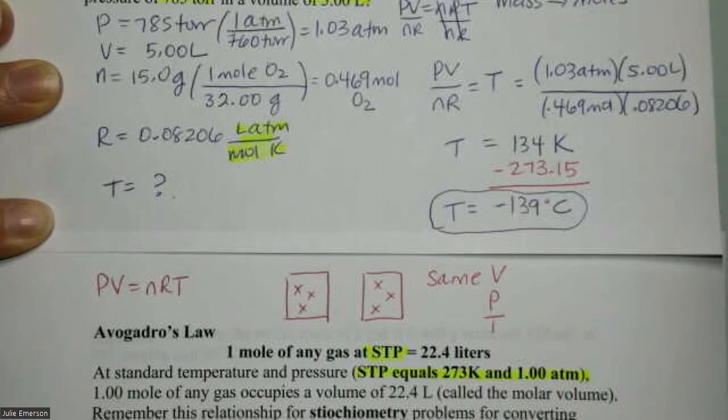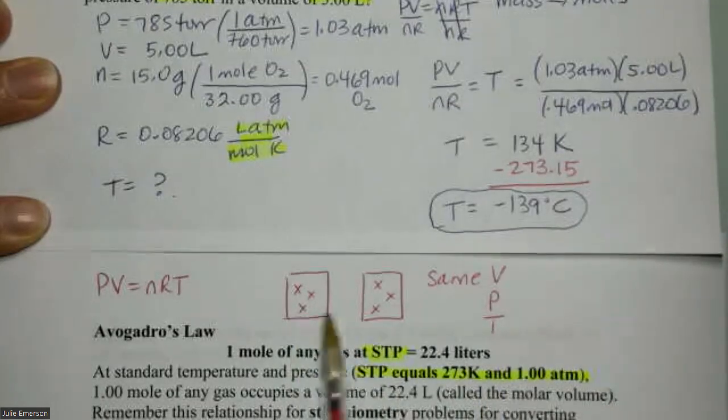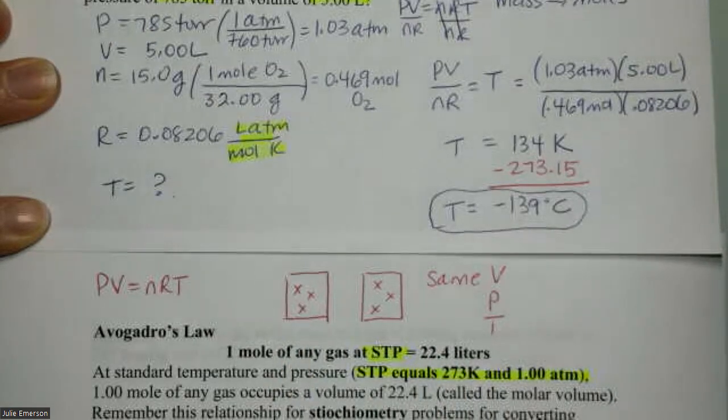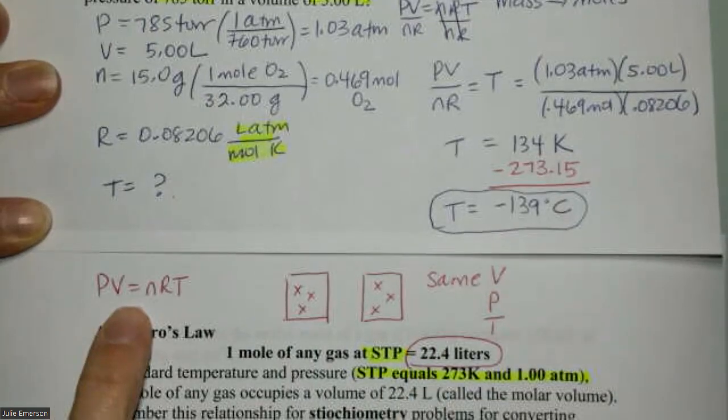We're at sea level, so we're right around 1 atmosphere, slightly over depending on the weather. Standard temperature, not sure why 0 degrees Celsius is standard, but it is what it is. So 273 Kelvin is standard, with 1 atm standard pressure. If I have 2 containers at 1 atmosphere and 273 Kelvin, and they both have the same volume of 22.4 liters, then both of them would contain exactly 1 mole of gas.